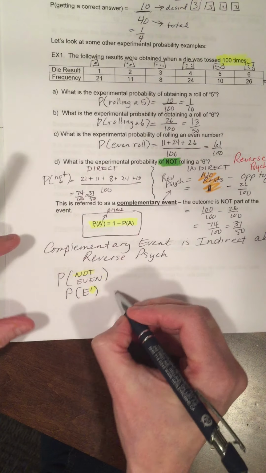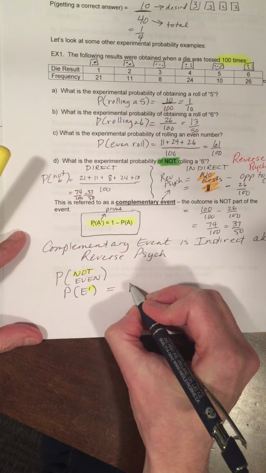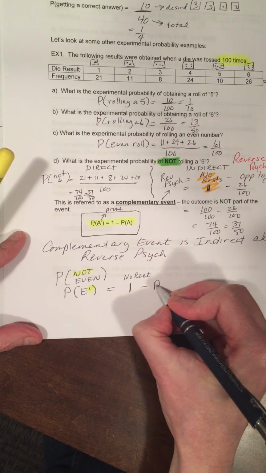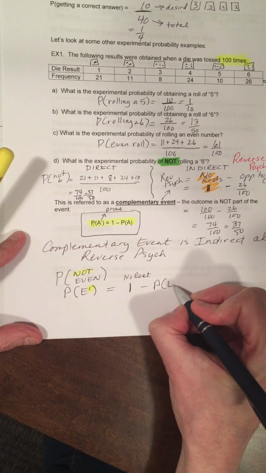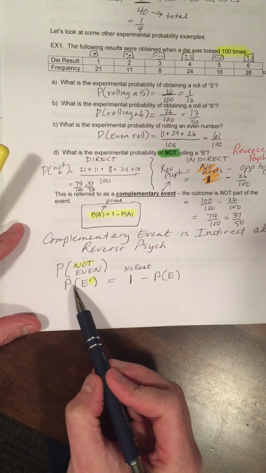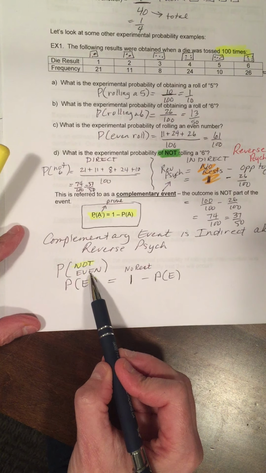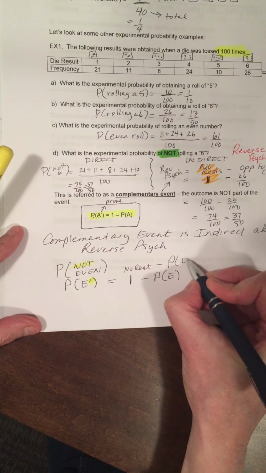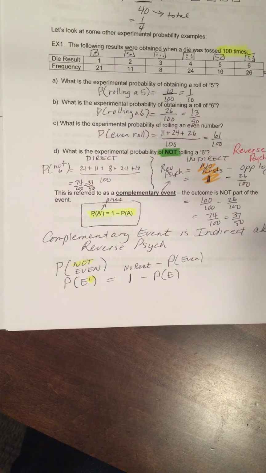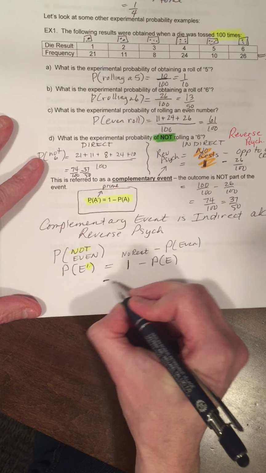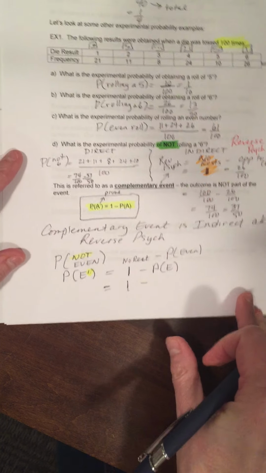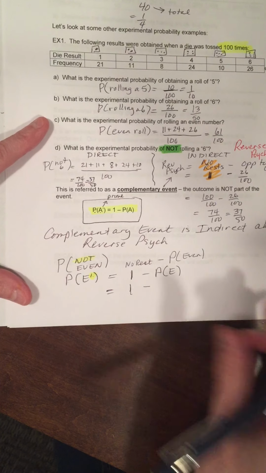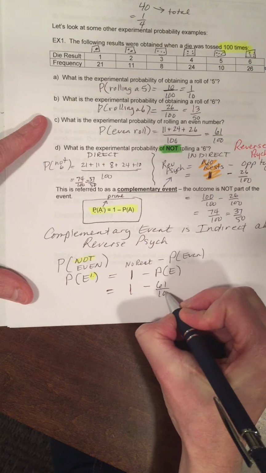And if I wanted to attack it using reverse psych, it would be 1, that stands for the no restrictions, minus the probability of being even. So probability of E prime, or not, is no restrictions minus the probability of being even. Let's take a look. We know that probability of even, which we did way back up here in example C, was 61 out of 100.